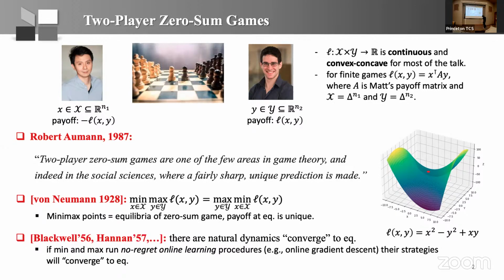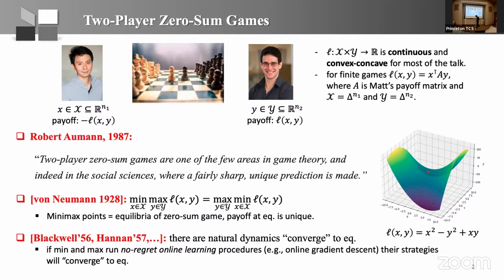The second one I would say is that by now we know a lot of very natural dynamics or very simple algorithms that the agents can run. And over repeated play, by using these very simple algorithms, they learn to play the equilibrium. Okay.